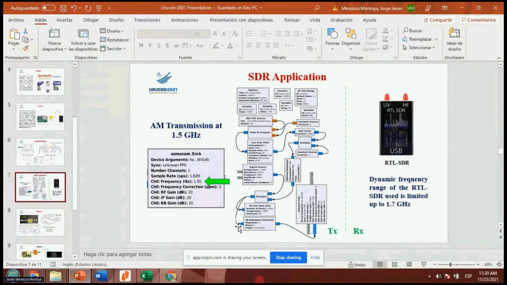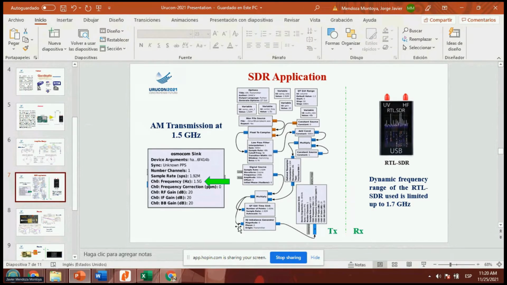In order to test the performance of this amplifier, we did the application using this software-defined radio. Regarding the implementation, we chose a 1.5 gigahertz frequency design. And why is it different from the frequency of the amplifier?